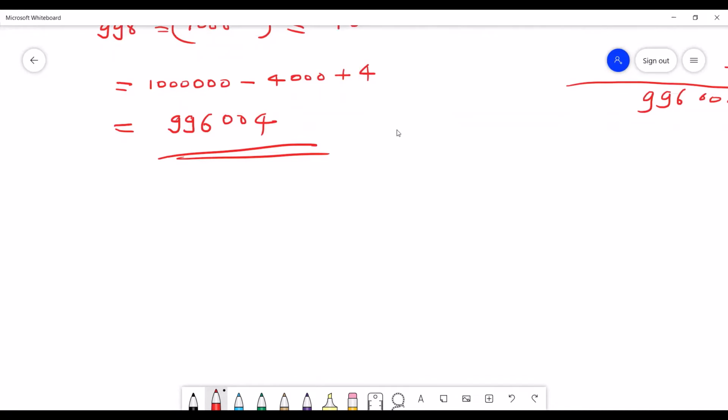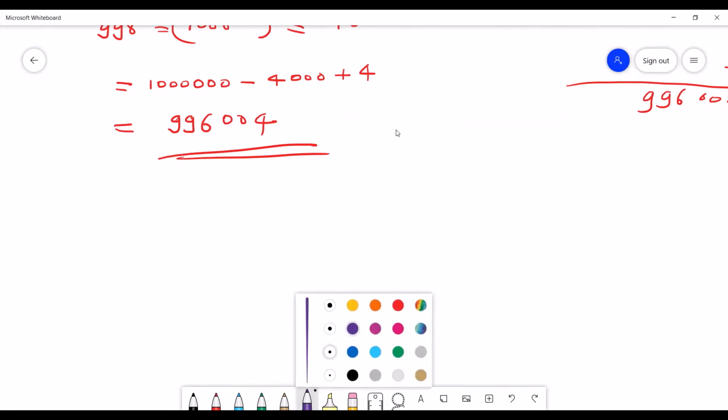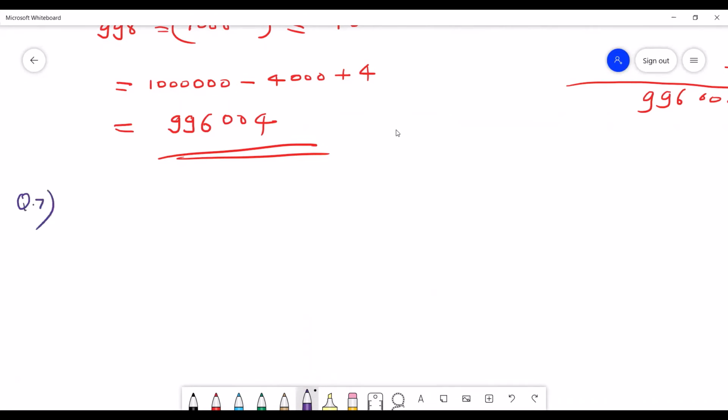Now next question, question number 7. Use a square minus b square is equal to a plus b into a minus b. This identity we have to use.